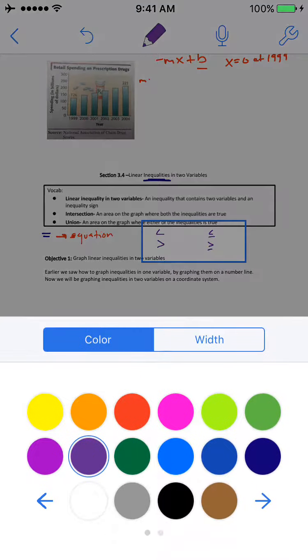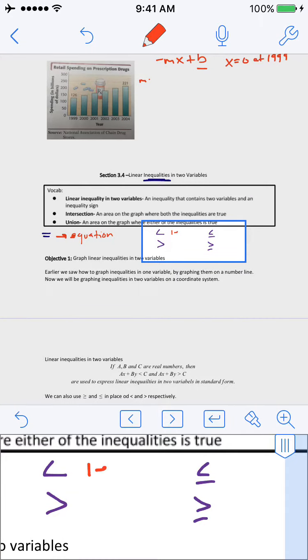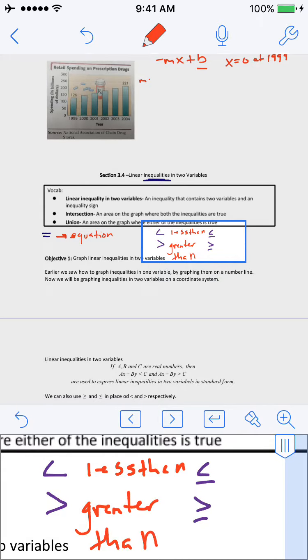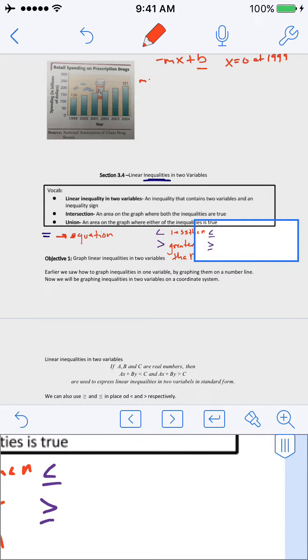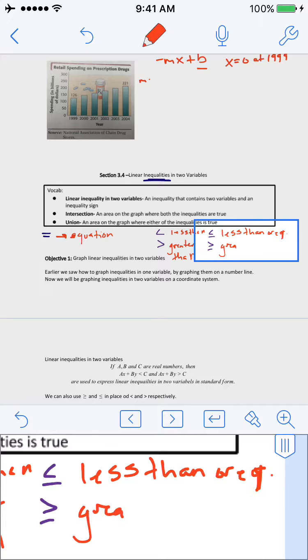So we've got less than, greater than, and we've also got less than or equal to, or greater than or equal to.